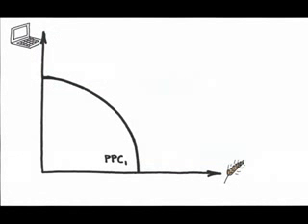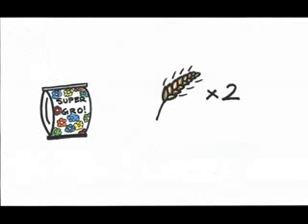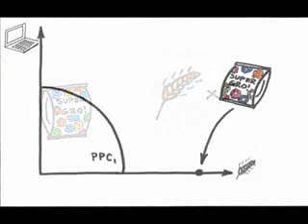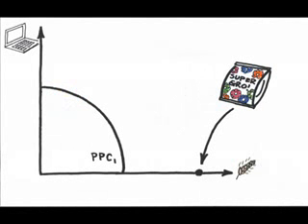Consider this. Suppose we're producing efficiently using all of our resources, operating on PPC 1. Then suddenly, someone discovers a fabulous new fertilizer that doubles crop yields. What happens to the possible agricultural output when you use all of the existing resources, plus you add this fabulous new fertilizer? You can now produce much more wheat than you could before.